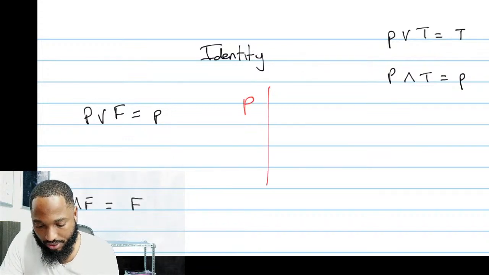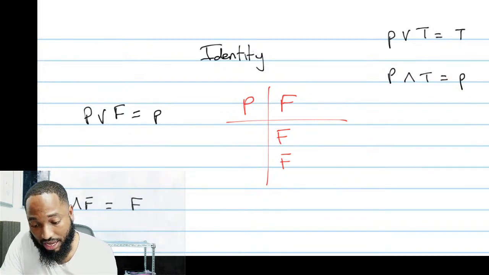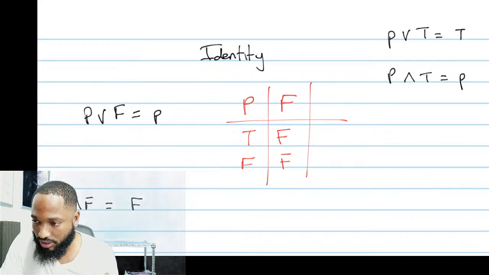So P and true will just give you P. P or false: remember the OR function just looks for a true to give back a true.